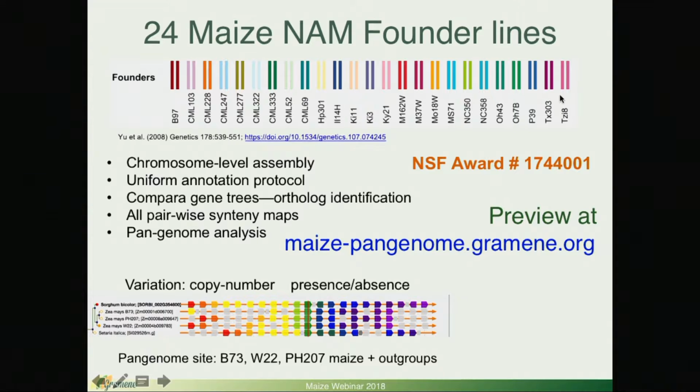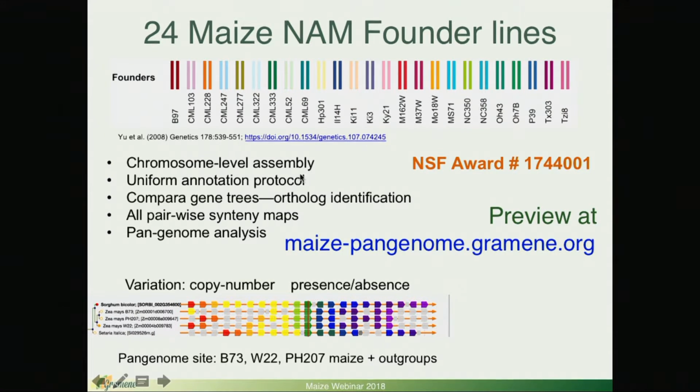Currently the maize reference is B73, but a lot of research has gone into these 24 founder lines, and the goal is to have them all in one single genome browser by next year.